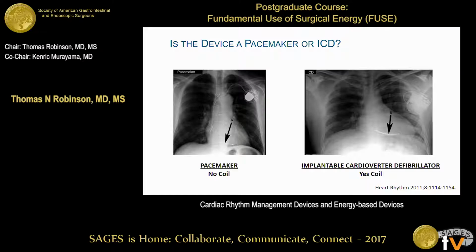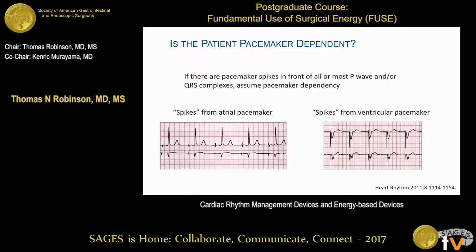The second piece of information, and then I'll tell you what to do with this information in a second, is whether the patient is pacing dependent. You just get a 12-lead EKG. The guideline statements consider a patient pacing dependent if most or all of the QRS waves have a spike in front of them. You can see the pacer spikes here.